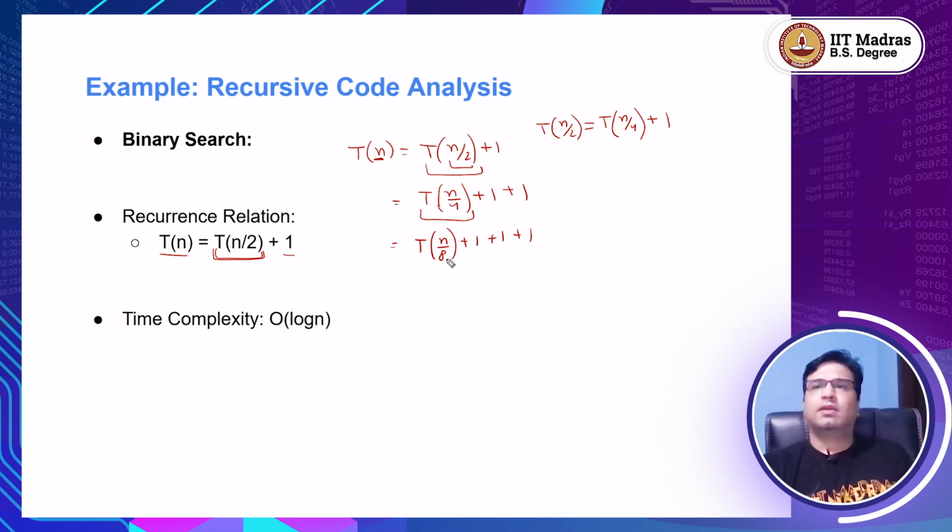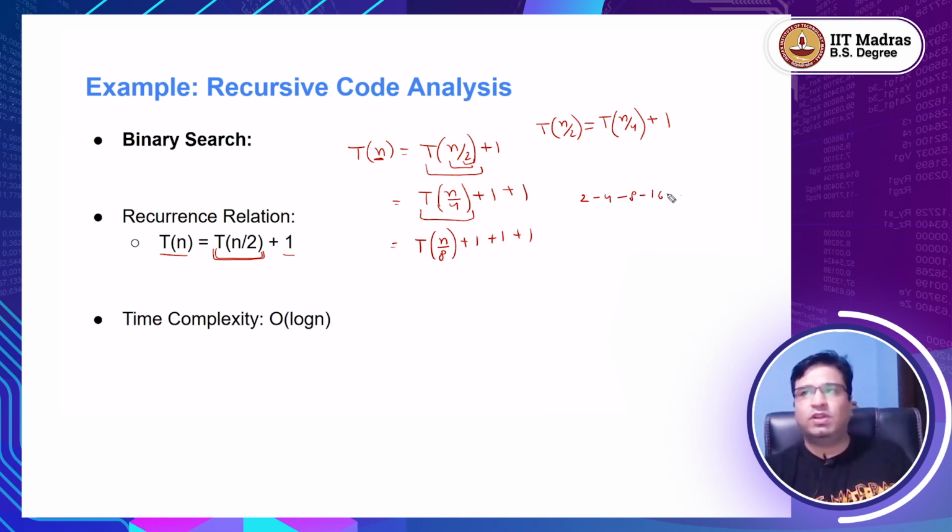So how many times can we write this T(n/8)? Because you can see the divisor doubles every time: 2, then 4, then 8. So how many steps do we require to reach the end? In log n steps, like 2, then 4, then 8, then 16.